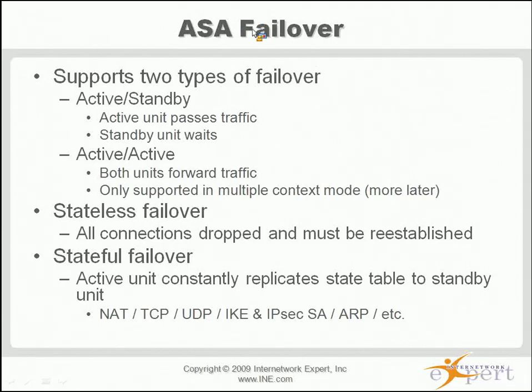I can say that I want firewall 1 to be the primary for context A, and that I want firewall 2 to be the primary for context B, and have either one of those be able to take over if the other one fails. So slightly different. Because of that, requiring multiple context mode, we'll talk a little bit more about some of the limitations, some of the features that are not available.